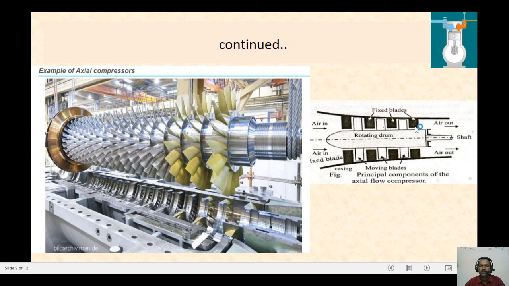Due to this, the highly compressed air is discharged through this outlet valve. So this is the principle of the axial flow compressor, right? You can see this by this figure, so one can understand easily. So what are the blades? What are the rotor blades? What is the rotor? What is the stator? And what is the stator blade? Right?